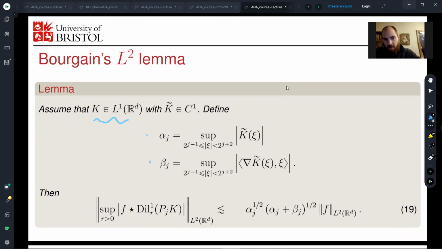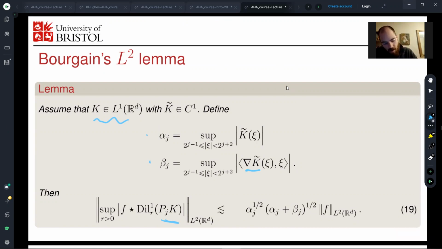I'm going to be taking a convolution with it in a moment down here. For the moment, I'm just going to assume that the Fourier transform is in C1. If I end up needing more derivatives, by all means assume it. But the real reason for the C1 is the appearance of this gradient right here.